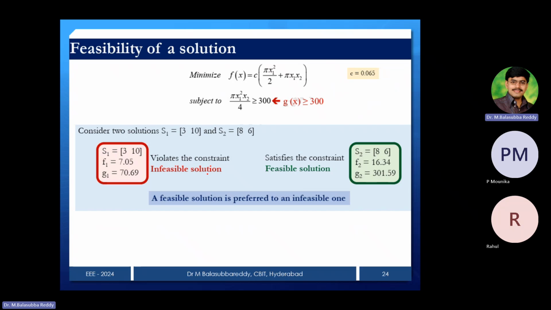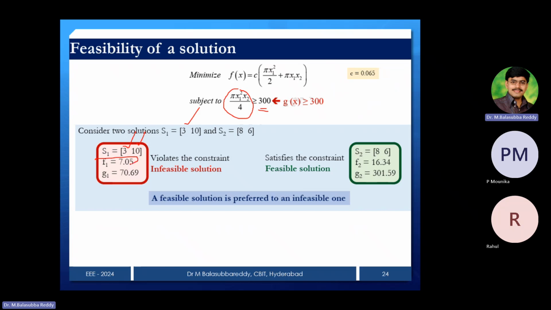After optimizing, you may have a solution for that function, x1 and x2 values. One case may be something like this: x1 is 3, x2 is equal to 10, then substitute here. If the value is greater than 300, then it is a feasible solution. Otherwise, it is an infeasible solution. Now you can see I substituted x1 is 3, x2 is equal to 10.